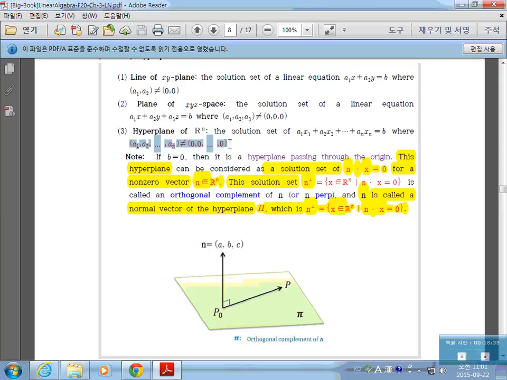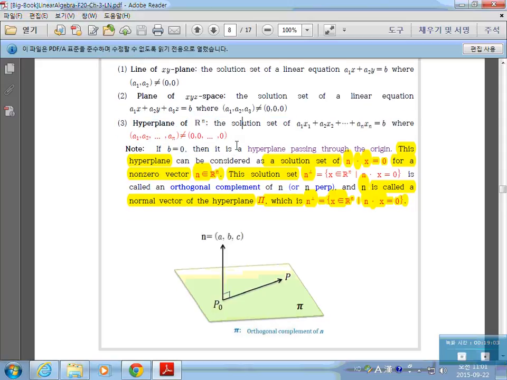Then this solution set of this linear equation is called the hyperplane of the vector A1, A2, ..., An. Okay, this is the definition.